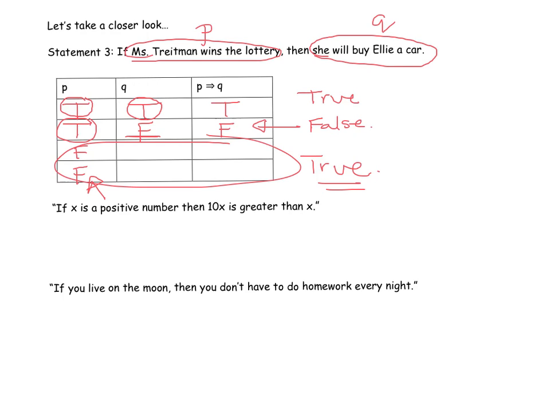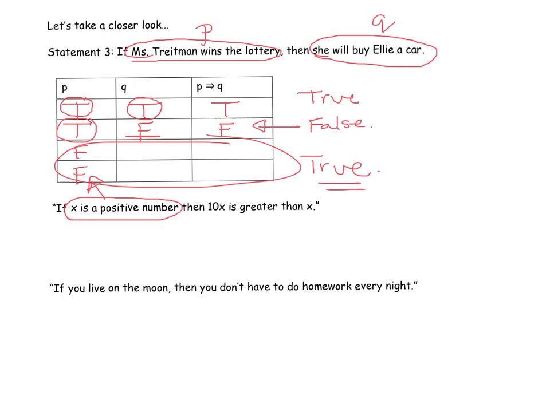So let's kind of analyze this next question. If x is a positive number, then 10x is greater than x. Well, if x is a positive number, that means I have to meet this scenario in order to determine whether or not the statement is true or false. So I am only considering positive number x's.